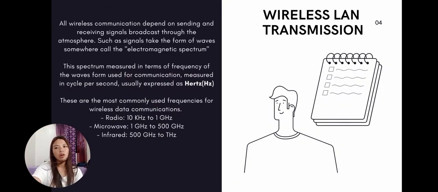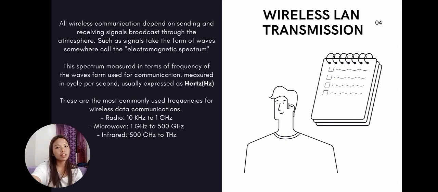Next one would be the wireless LAN transmission. A wireless local area network is a network that allows devices to connect and communicate wirelessly. All wireless communication depends on sending and receiving signals broadcast through the atmosphere. Such signals take the form of waves, somewhere on the electromagnetic spectrum.